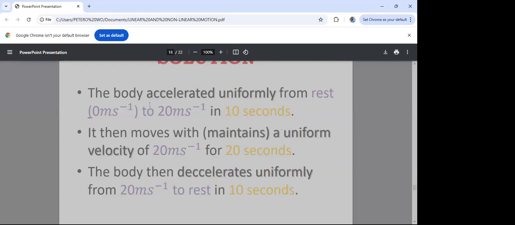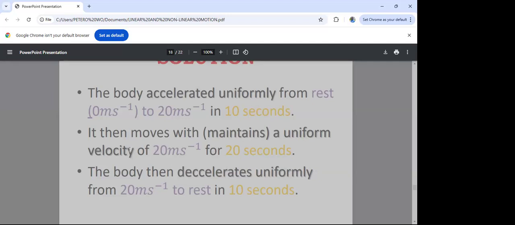So the type of motion is uniform acceleration. The velocity is involved at rest and 20 meters per second, and the time interval is 10 seconds. So the body accelerates uniformly from rest to 20 meters per second in 10 seconds.